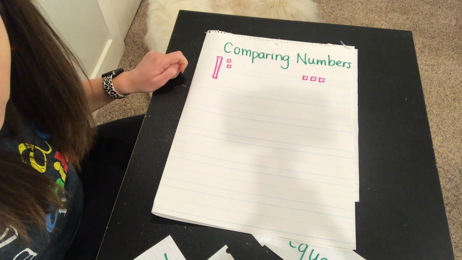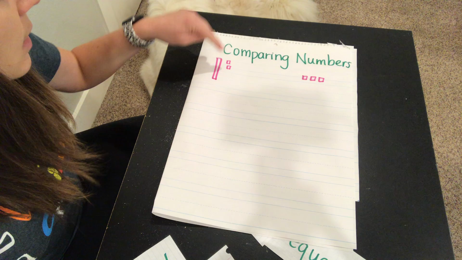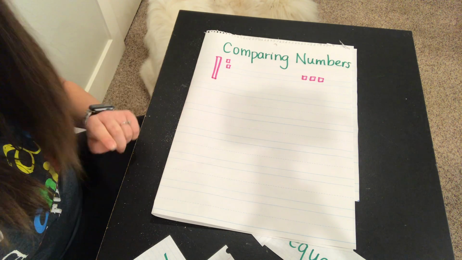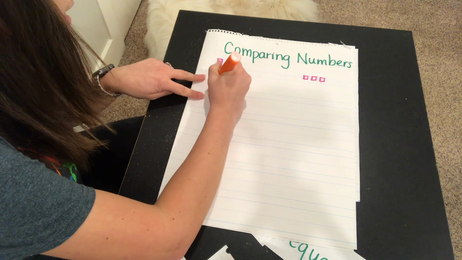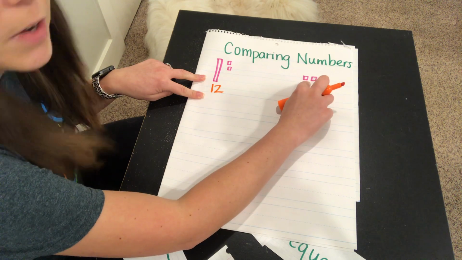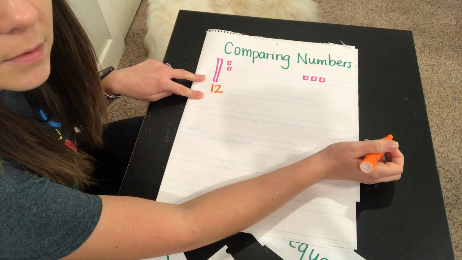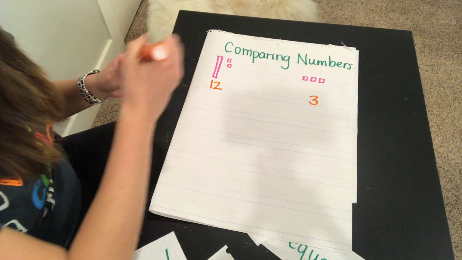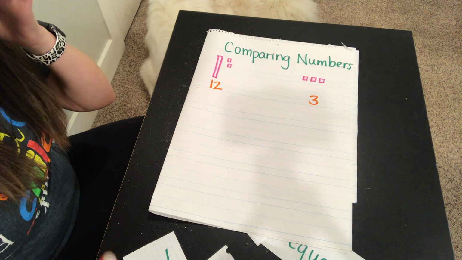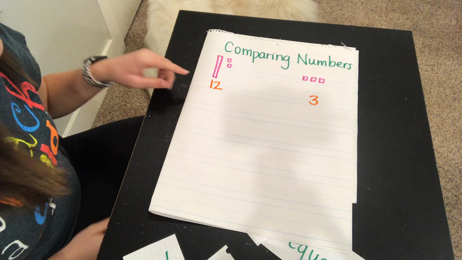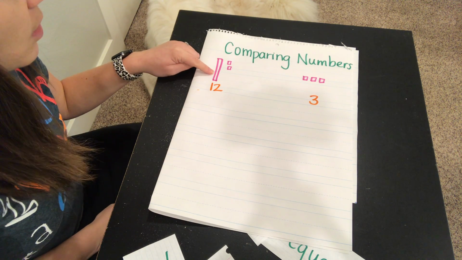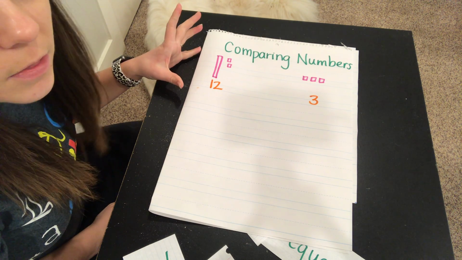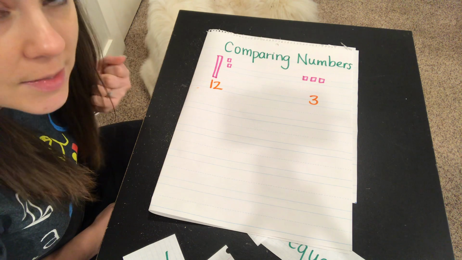A 10 and 2 ones. We have 10, 11, 12. So this number is 12, and the number over here is 3. There's just 3 ones. Okay, so if we compare 12 and 3, is 12 bigger than 3, smaller than 3, or the same as 3?